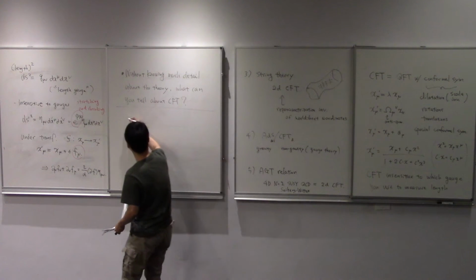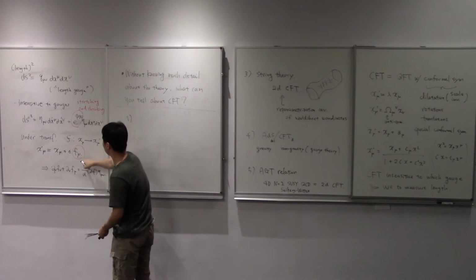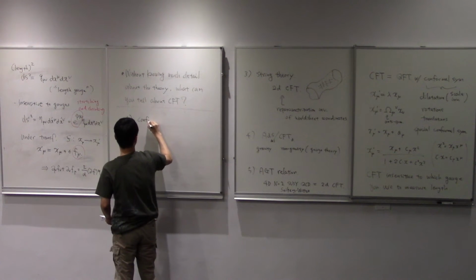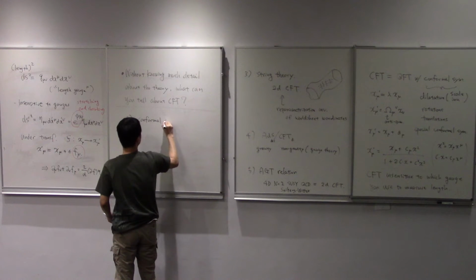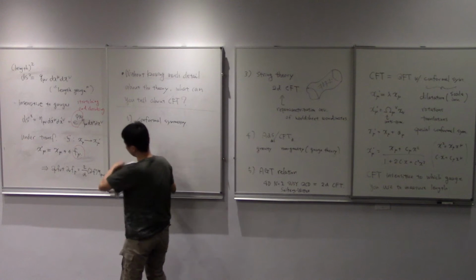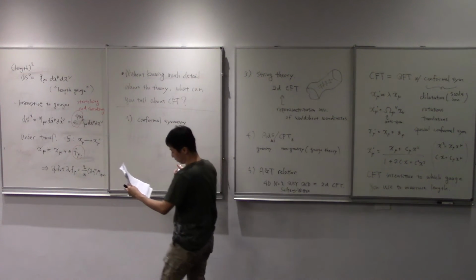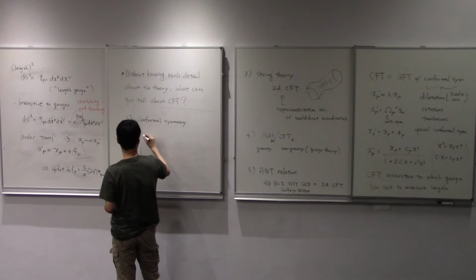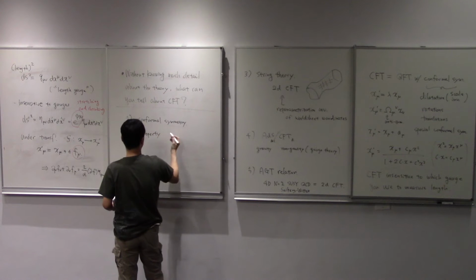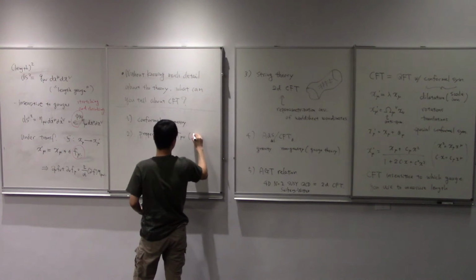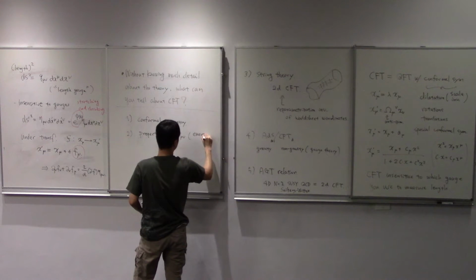So I will first discuss this symmetry, conformal symmetry. I will elaborate on this, and then second, I talk about some property of T mu nu, which is the energy momentum tensor.